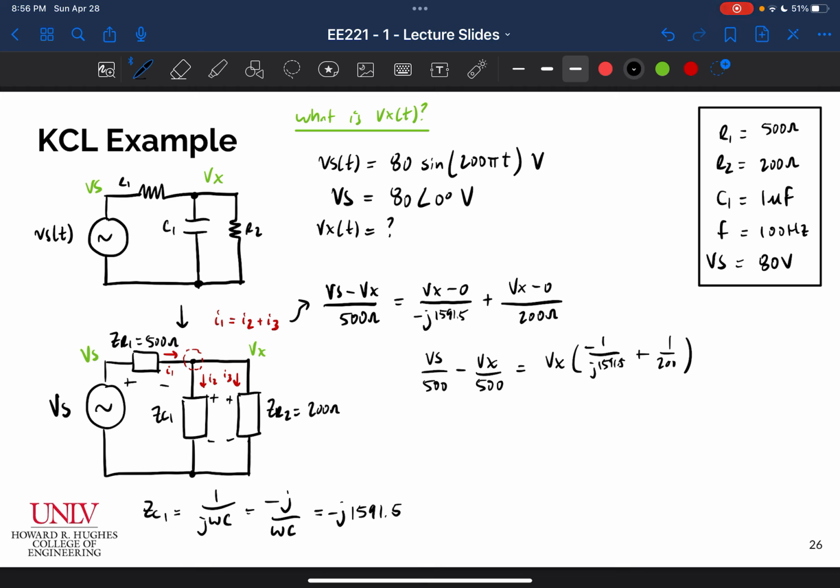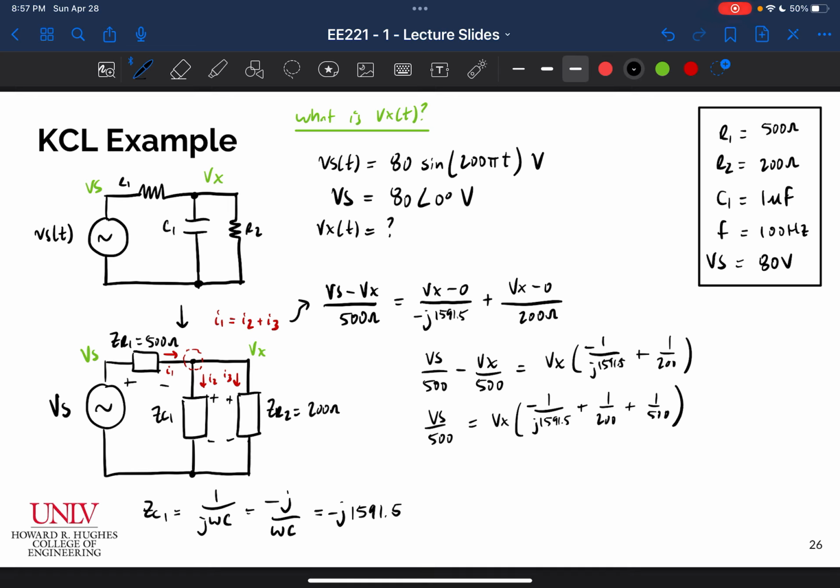Now we have Vx there. I can add the Vx over 500 to the other side. I get Vs over 500 is going to be equal to another Vx term, so I can factor that Vx out. And I get minus 1 over J1591.5 plus 1 over 200 plus 1 over 500.